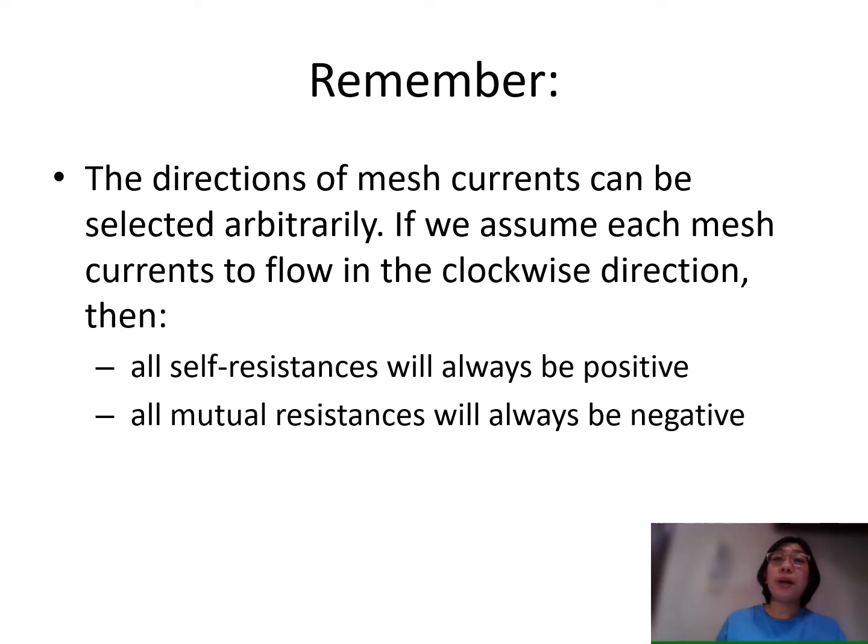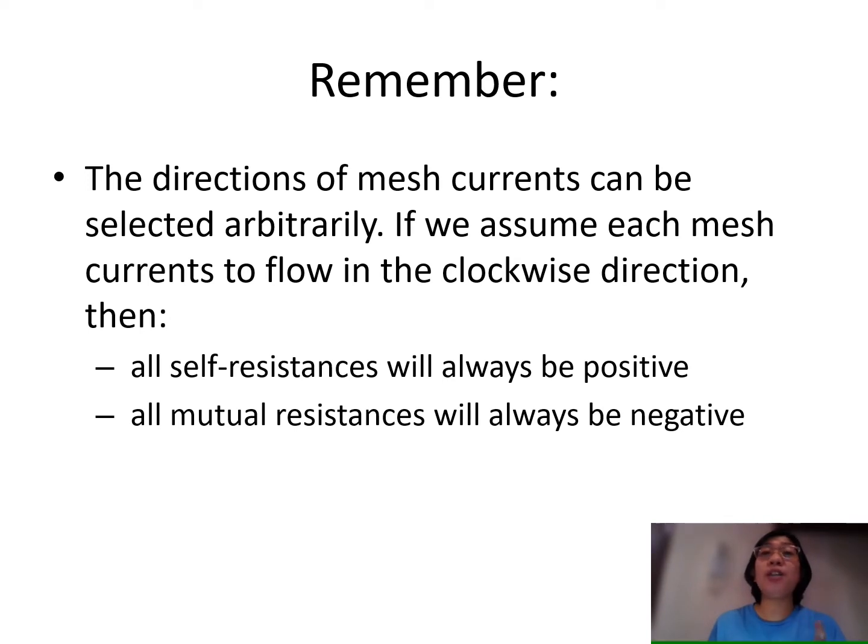The important part here is to write the equations, because if your equations are wrong, even though you are good at solving simultaneous problems, you will not get the correct answers. So the important part really is to write the proper mesh equations.